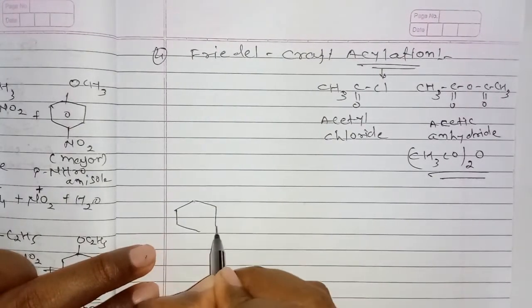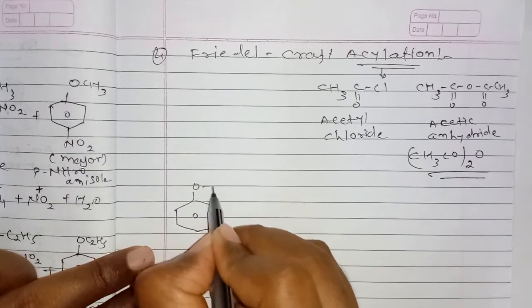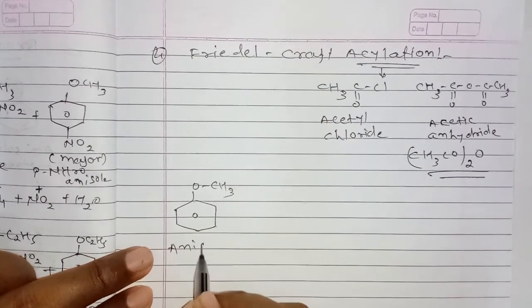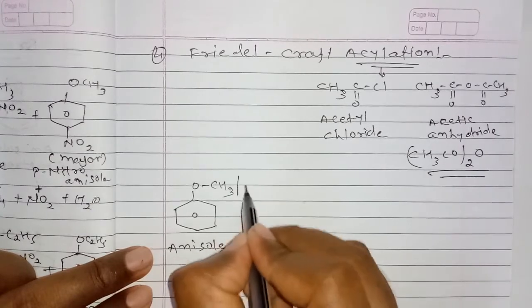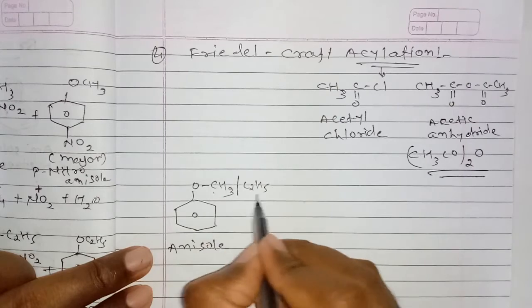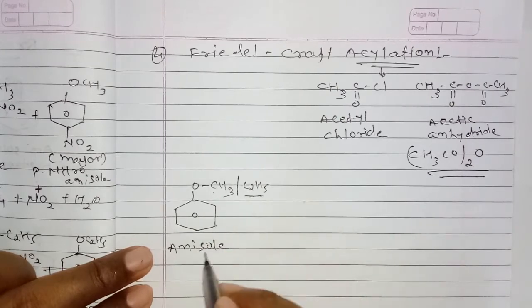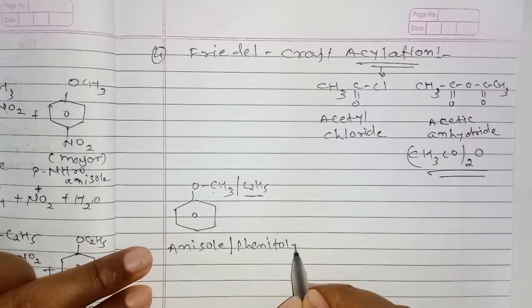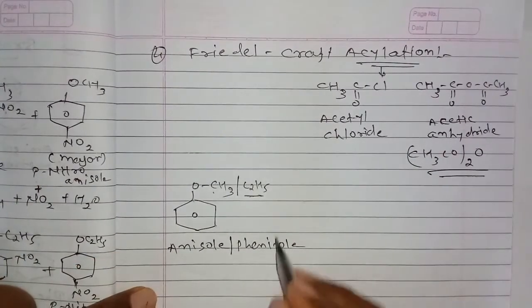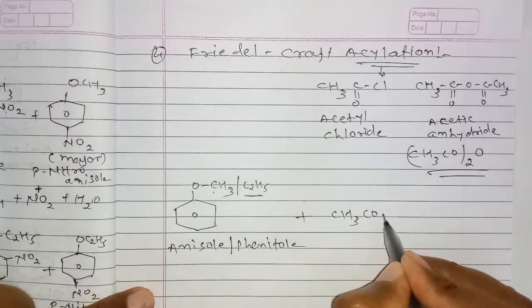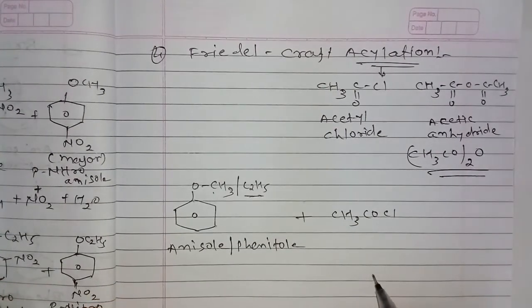So OCH3, it is called anisole, or it is written as either instead of methyl ethyl, it is phenol, which will react with acetyl chloride.